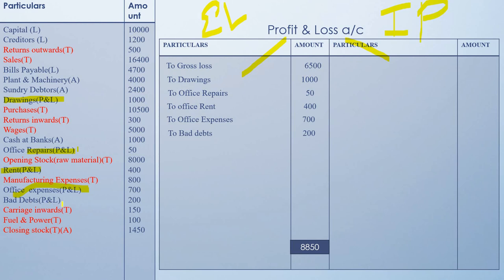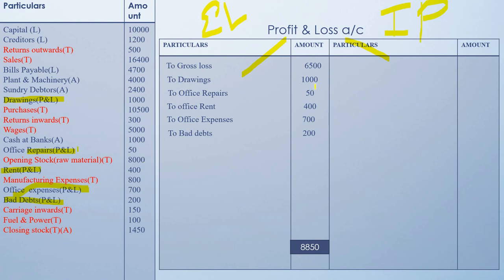And next, bad debts. Bad debt is a loss for any business, and all losses are recorded on the debit side. So bad debts, 200 rupees. So we have recorded all the P&L related items.